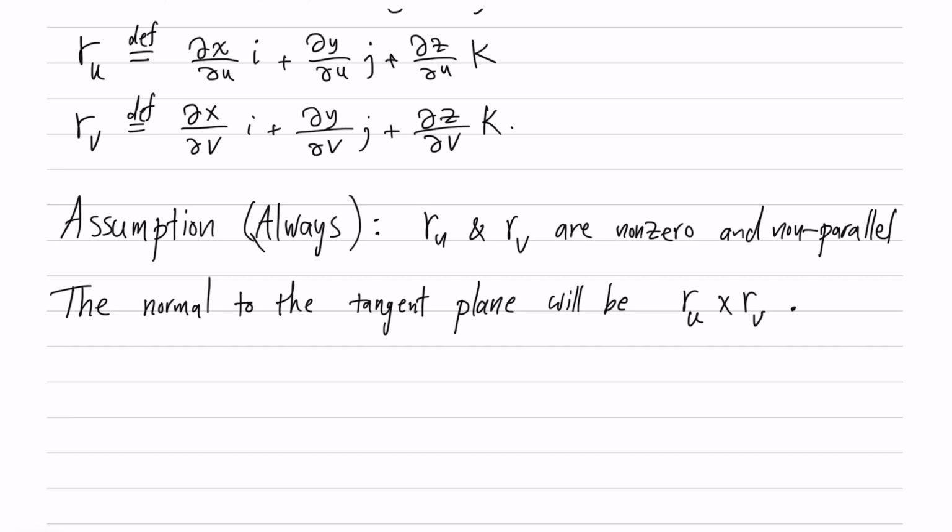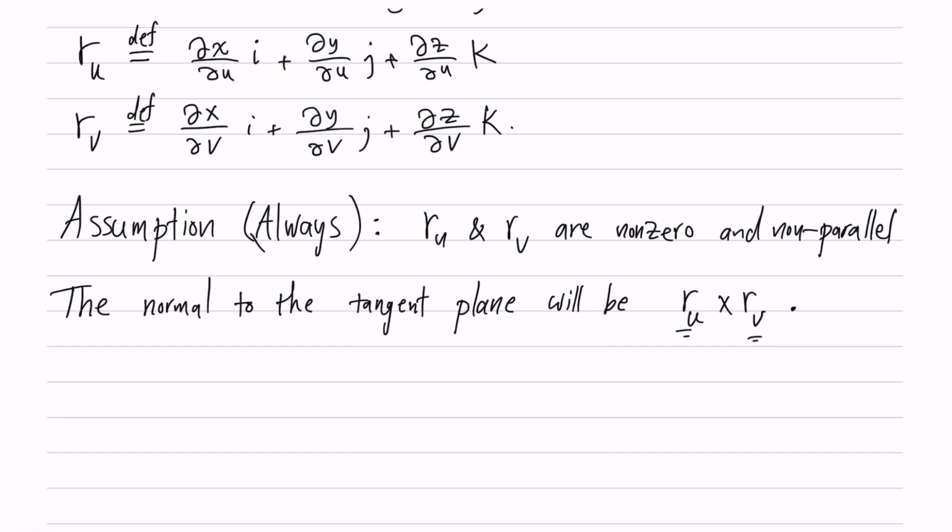And this cross product of two vectors is still a vector. So that will be the normal vector to the plane, and we know one point that the plane includes, and that will be the point at the value we are interested in. So R of (u naught, v naught), that particular value. And here, of course, into these we are plugging in that fixed point of interest.